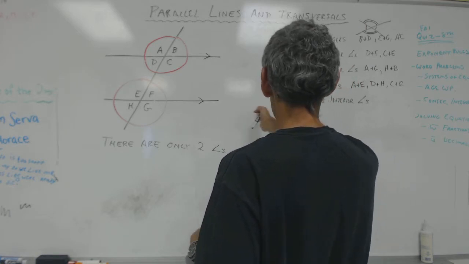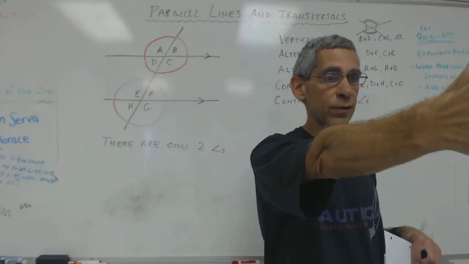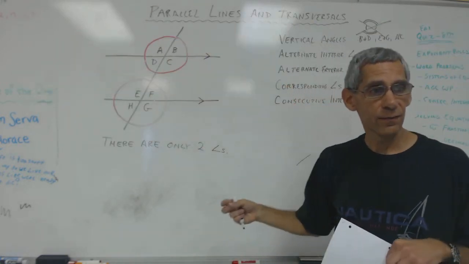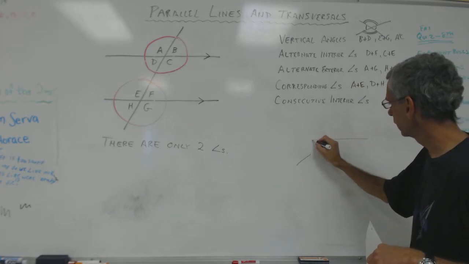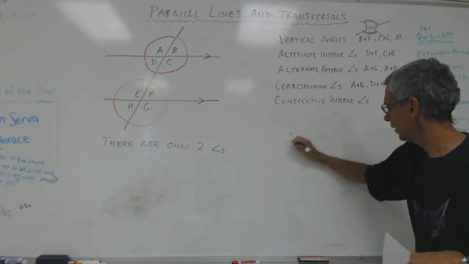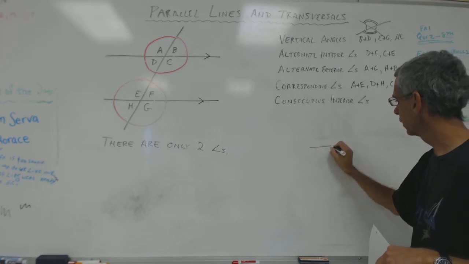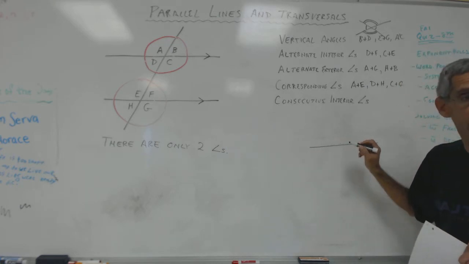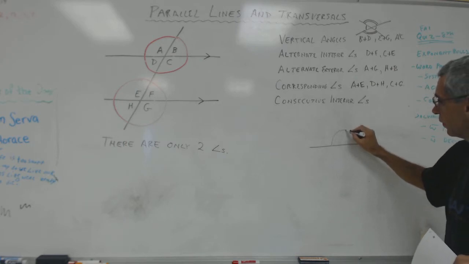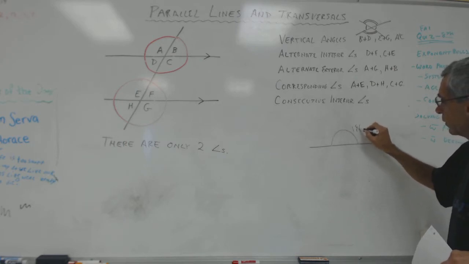Half of 360 is 180. So a single line has a value of 180 degrees. Every straight line actually has an angle of 180 degrees.